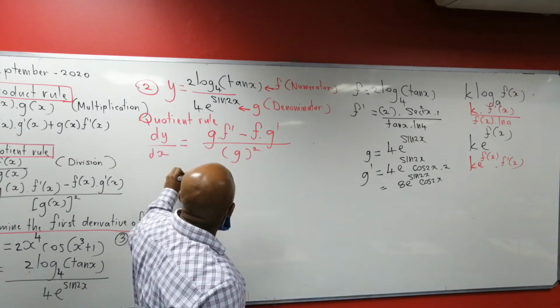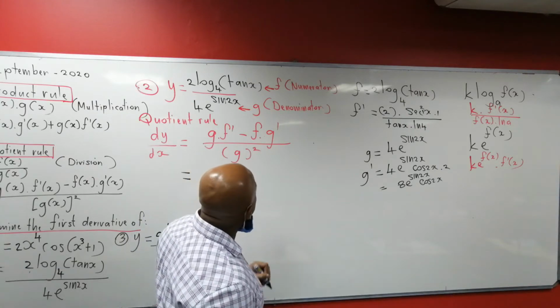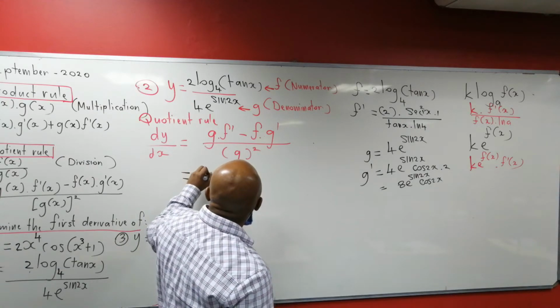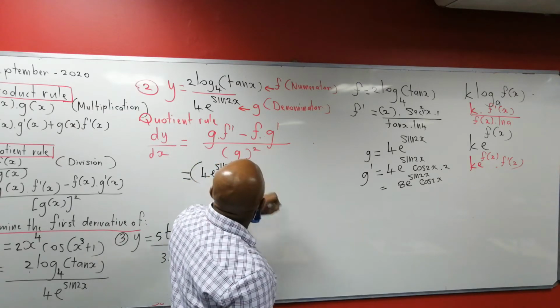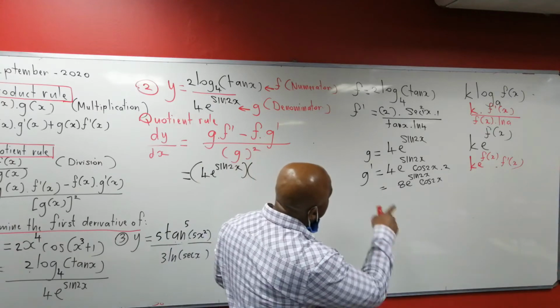So what is my g? G is the original denominator there, which is 4e to the power sine 2x. F prime is what we just found there.